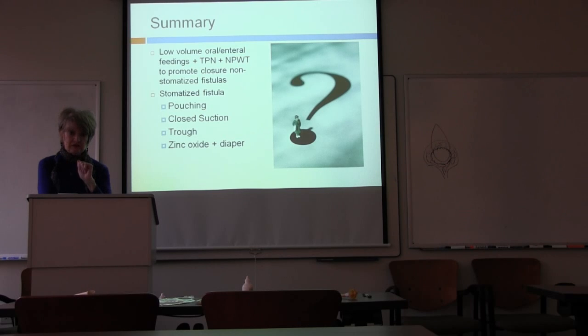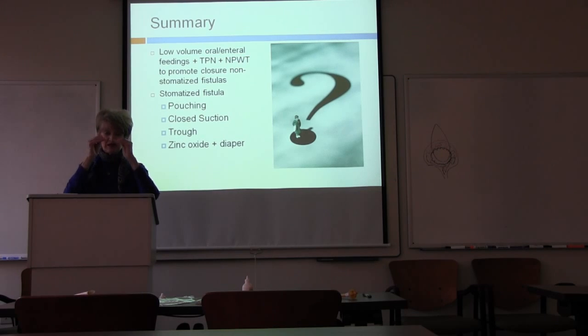Use TPN to meet nutritional needs, and use negative pressure wound therapy to try to pull the size of the defect together, further reducing the volume of output and the amount of granulation tissue required to seal the defect.